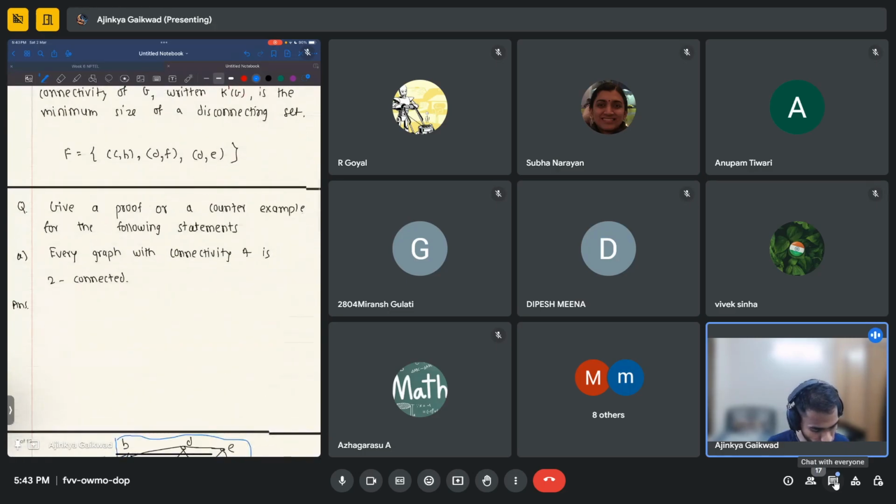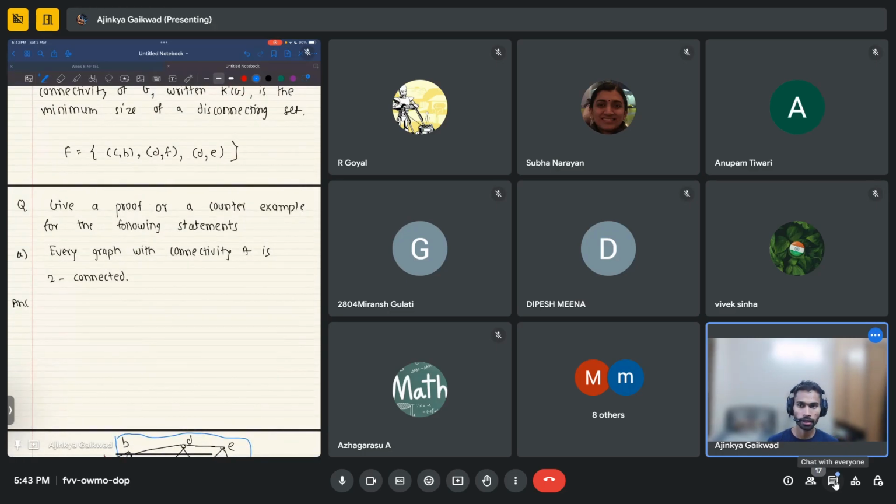So when I say graphs with connectivity 4, what does that mean? All the graphs where I need to remove at least 4 vertices to make the graph disconnected are the graphs with connectivity 4. So let me write down.